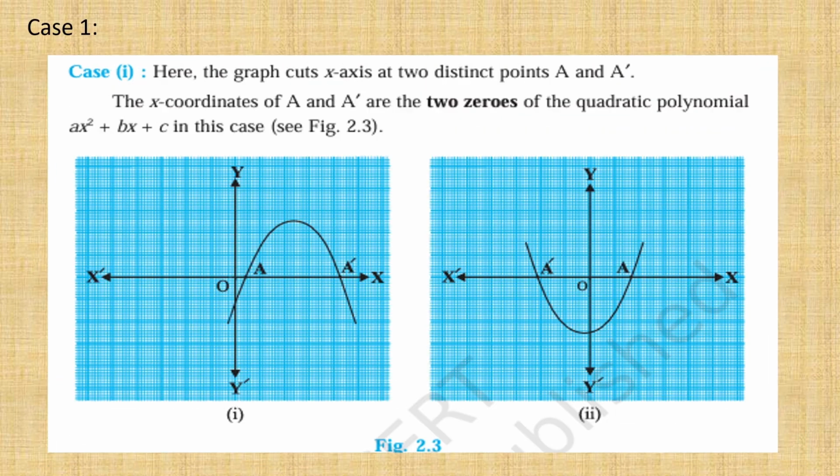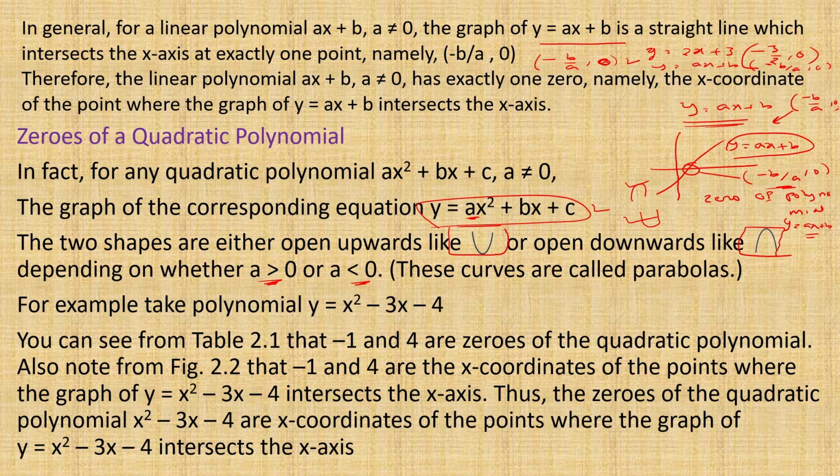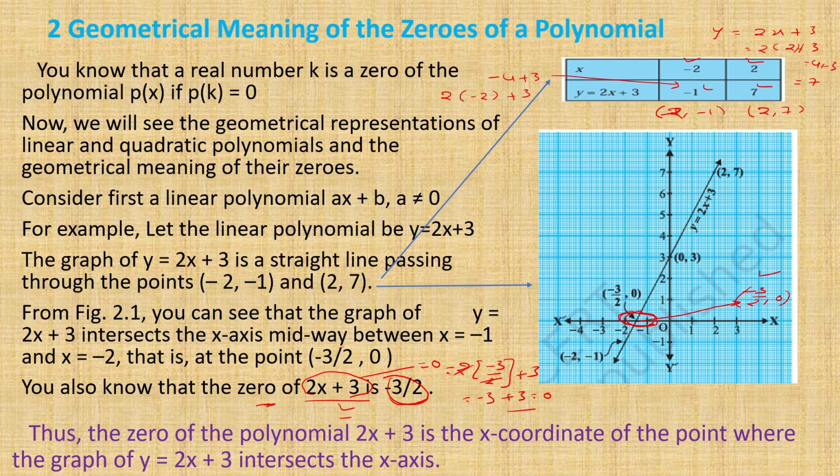So we have now covered the geometrical meaning of zeros of the polynomial, and for the three cases we have seen: linear polynomial, quadratic polynomial and cubic polynomial. For a linear polynomial, what is the general expression? ax plus b is equal to 0, and what is the value of the zero? Minus b by a comma 0.